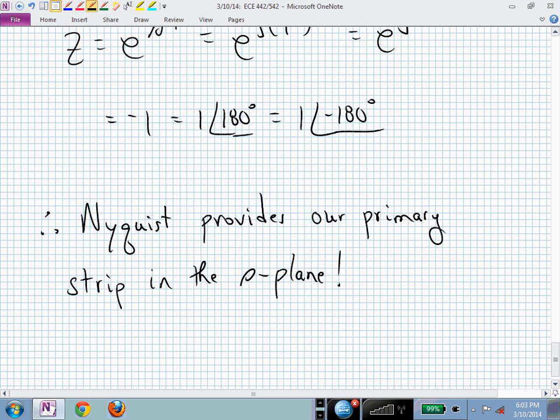So you pick a sample period based on your closed loop bandwidth. Let's say I give you that your closed loop bandwidth is going to be 10 radians per second. How fast are you going to sample in radians per second? 30 times the 10.